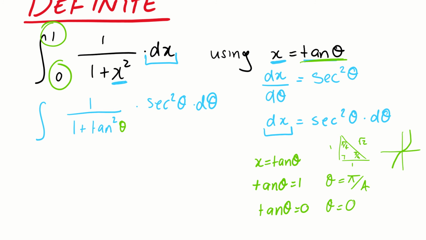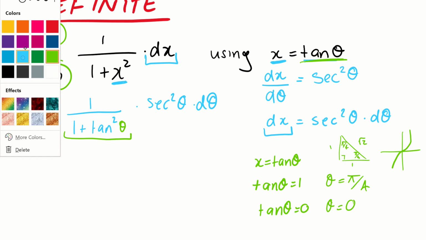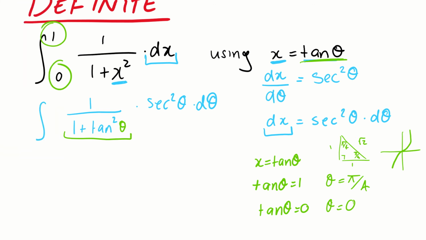I will do one more example where this could be a little bit trickier, but it's still doable. One thing here, you should be familiar with the Pythagorean identity that says 1 plus tan squared theta equals sec squared theta. If you're not, recap your Pythagorean identities because they are important. This gives me the integral of 1 over sec squared theta times sec squared theta d theta.